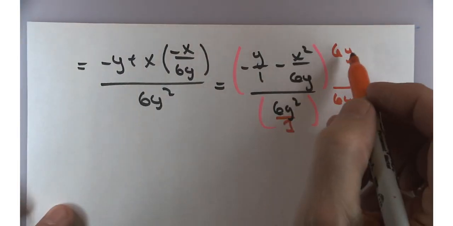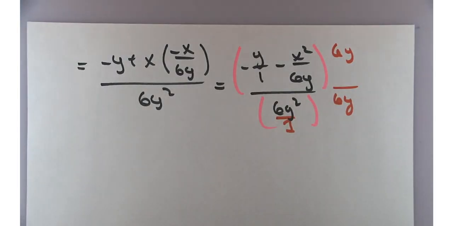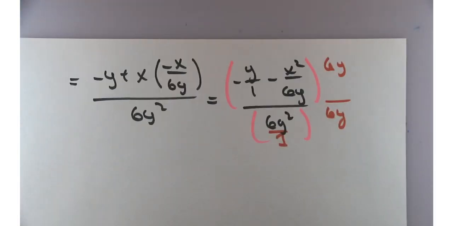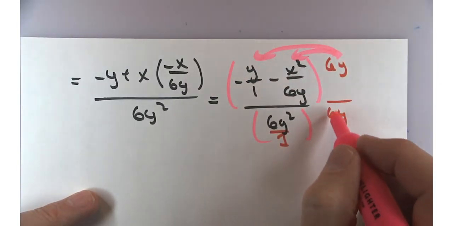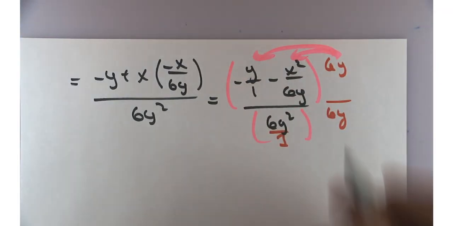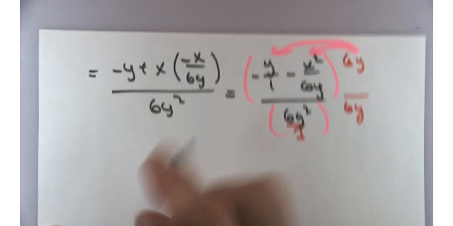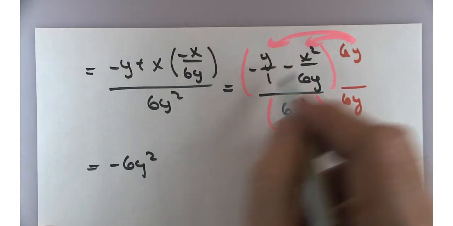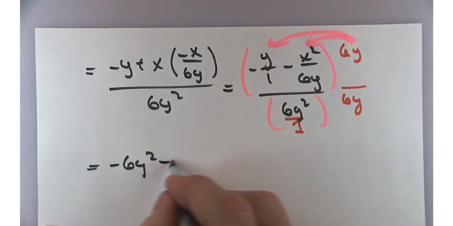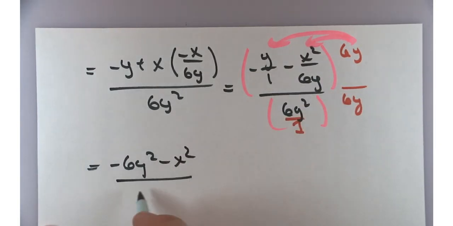It's just going to look a little bit nicer when it's all done. If I distribute this instead of canceling it, then in the numerator I'll have a minus 6y squared, and then here that'll cancel, so it'll be minus x squared. And in the denominator, I'll have 36y cubed.